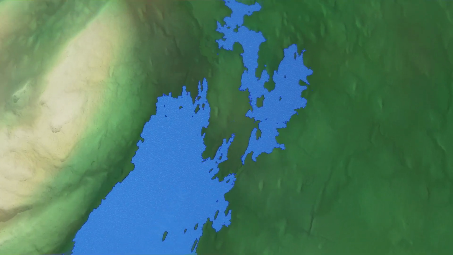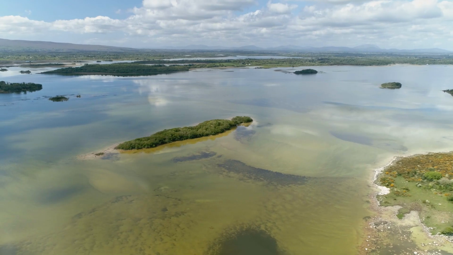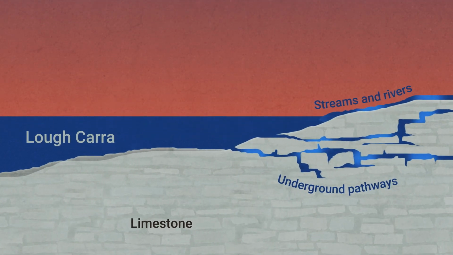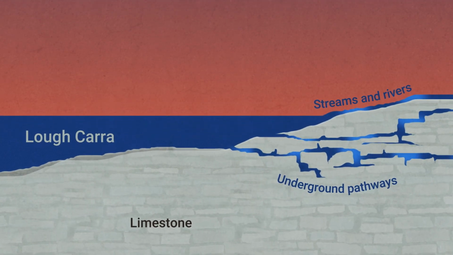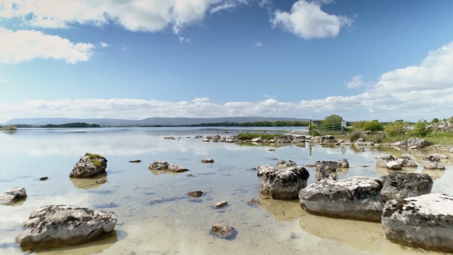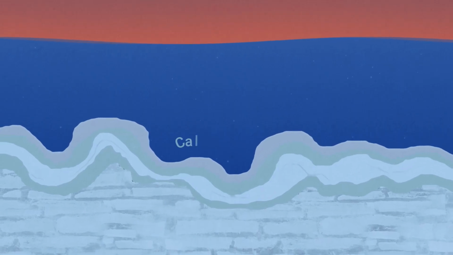Let's move on to Lough Carra, a marl lake. The catchment for this lake is entirely composed of limestone bedrock, and the lake is fed both by surface and underground rivers. The waters of Lough Carra also are historically of high quality, with very little nutrients and sediments. These conditions are what makes Lough Carra a marl lake.